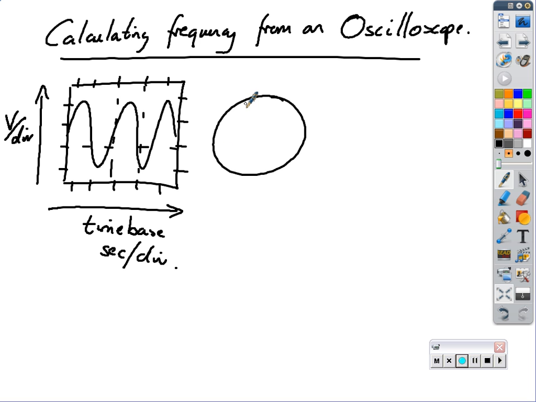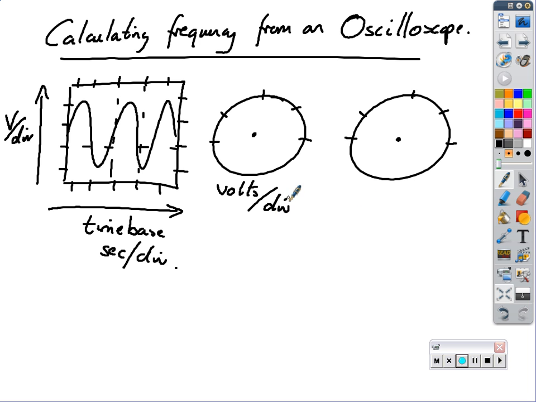In the exam you're given the dial, which is rather bizarre, and on the dial you'll have little segments, and you'll have the dial pointing to a certain number, and you have this number on the side. So you might be told that this is the volts per division, and this is the time base.